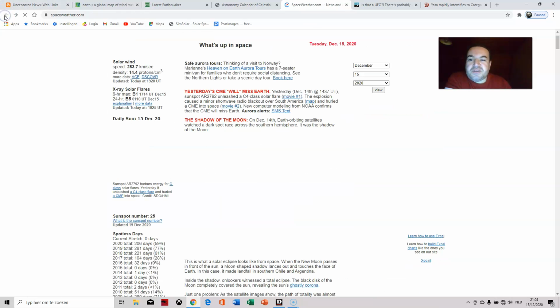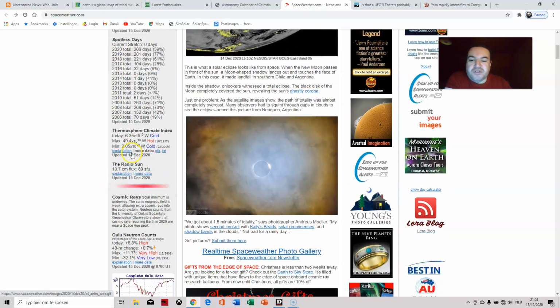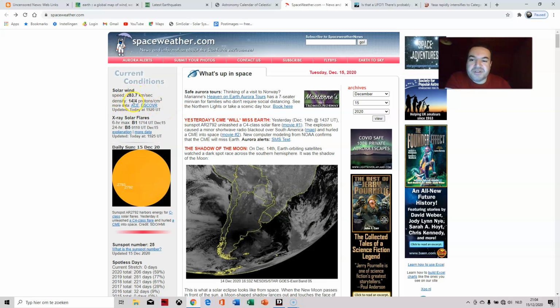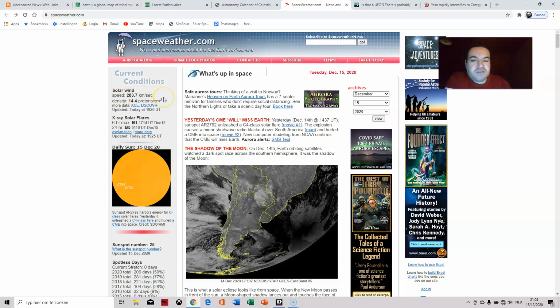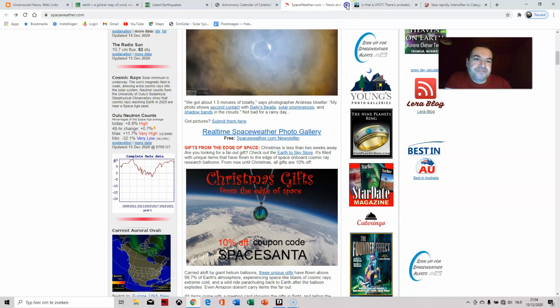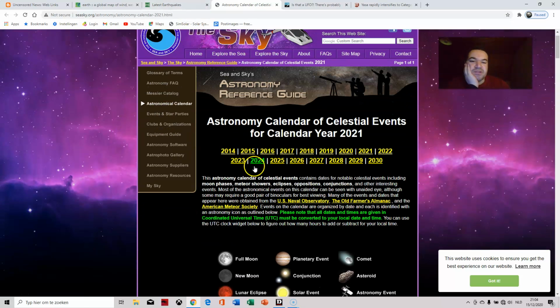And I don't expect this to change immediately. So for now, the only thing of interest is that bump in density. But since it is at low speed, it really doesn't matter.